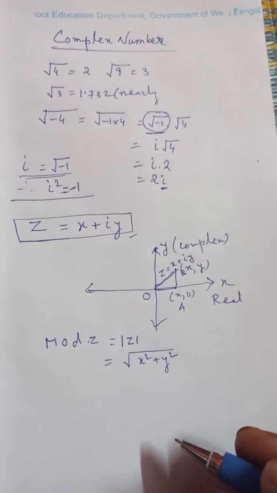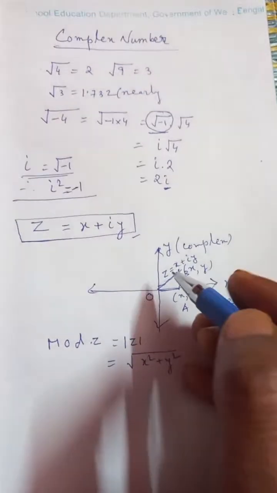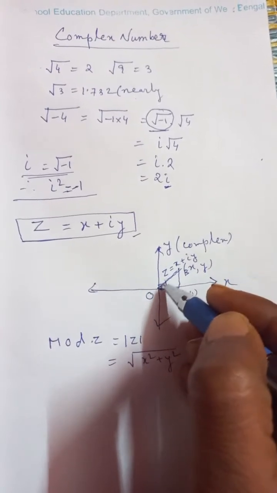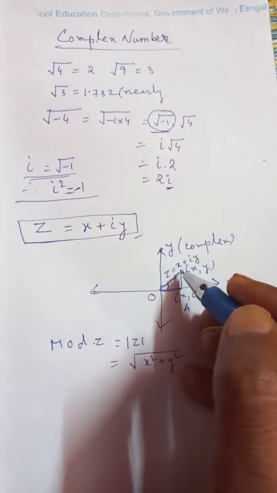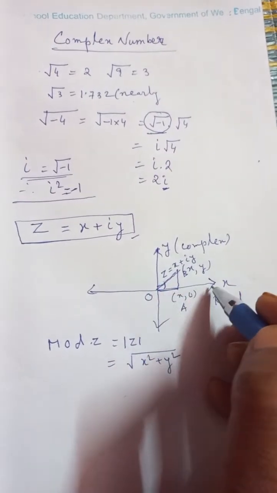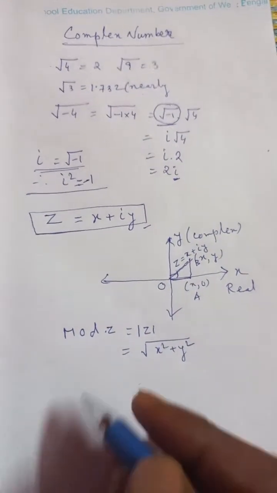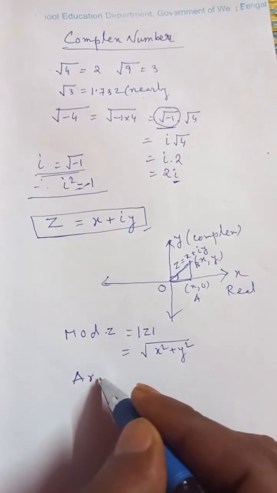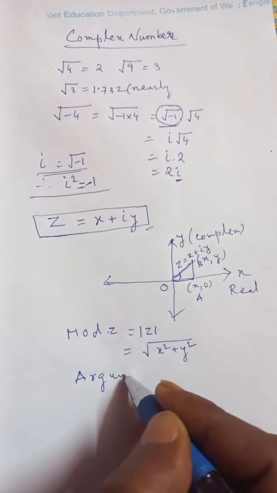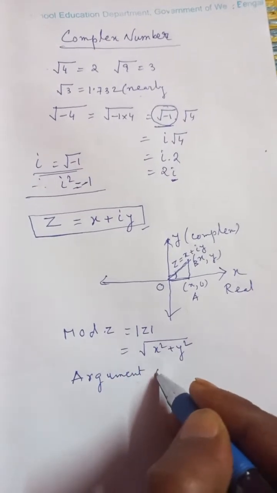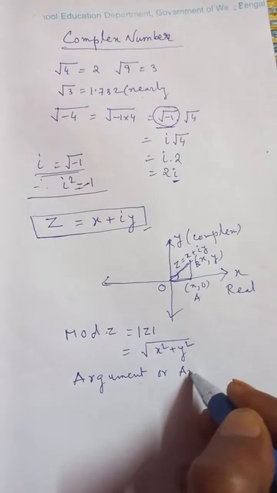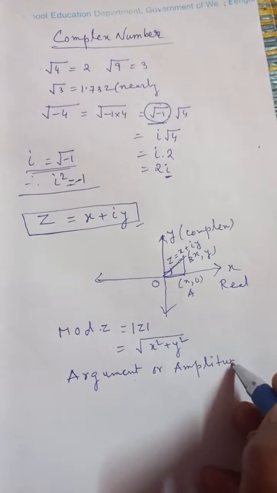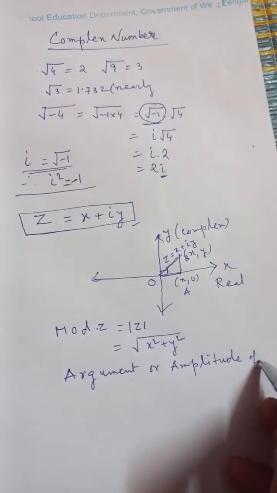This is mod z. And if we wish to find the angle that this complex line makes with the real axis, this is called the argument or amplitude of z.